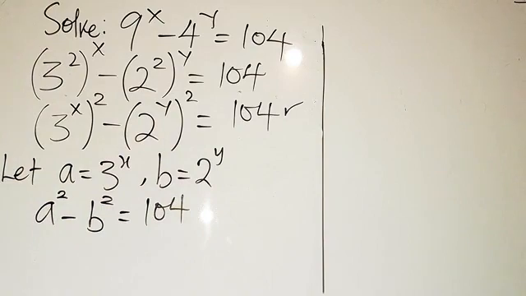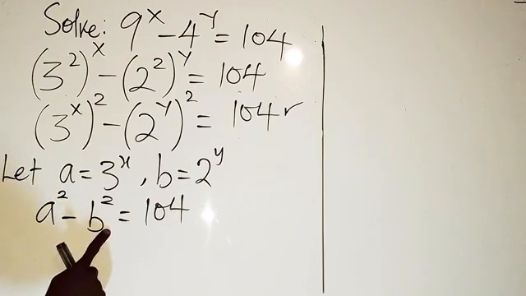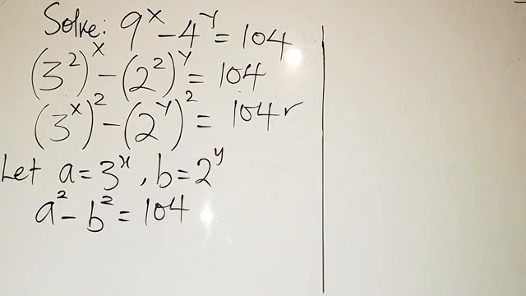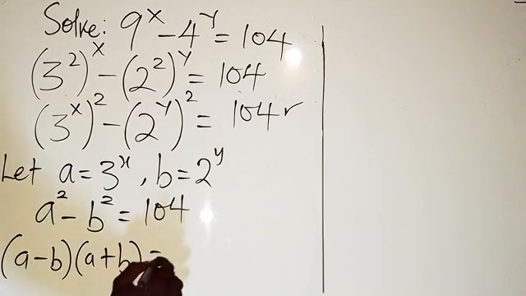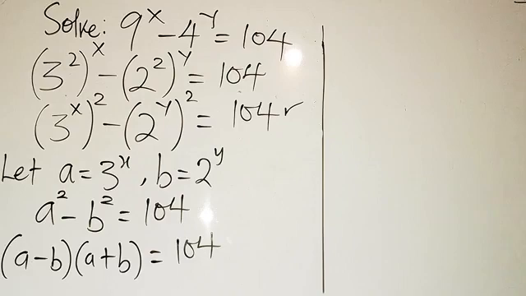So now from here, what's the next thing we are going to do? We can see that we have a squared minus b squared here. So from difference of two squares, we can rewrite this as a minus b, a plus b, equals 104. Are you following?